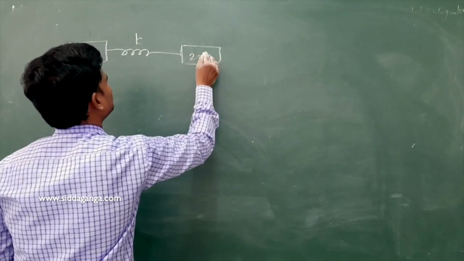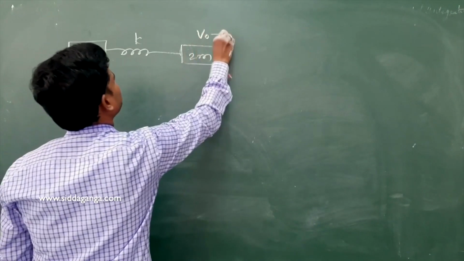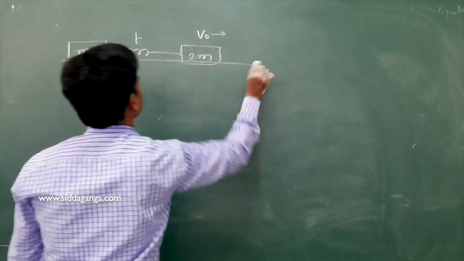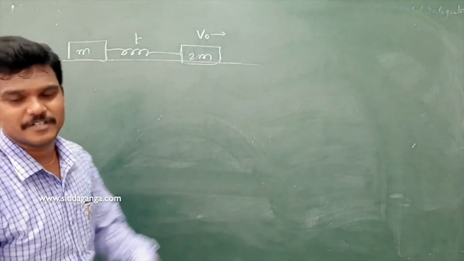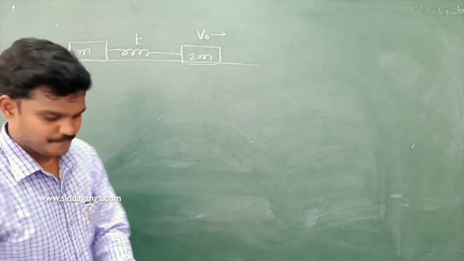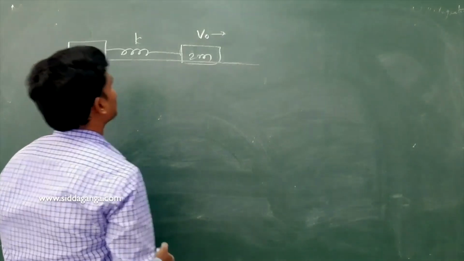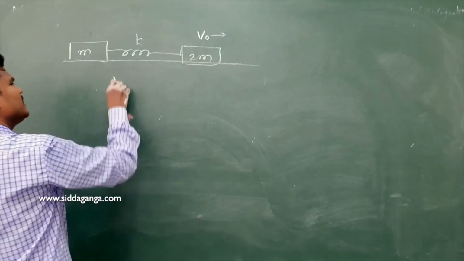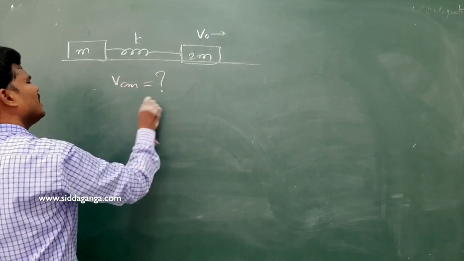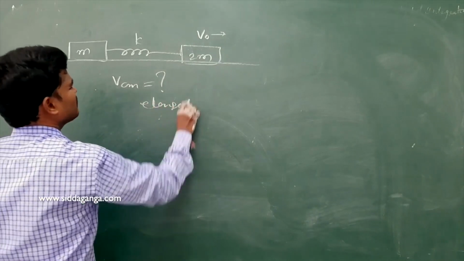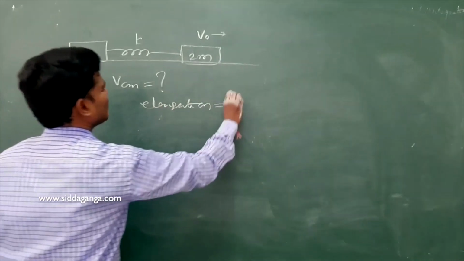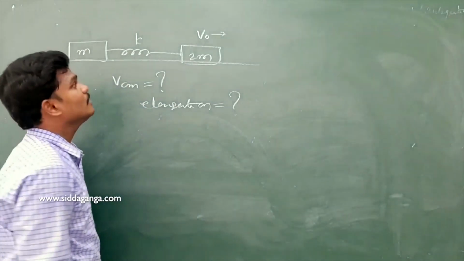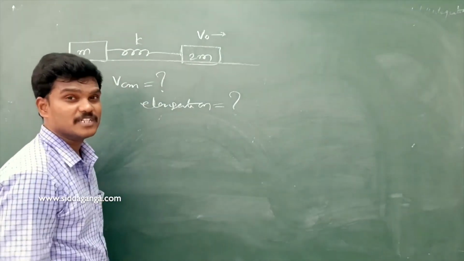This is 2m, which moves with a speed v naught on a smooth surface. Here, what is the velocity of the center of mass? They are asking what is the velocity of the center of mass and how much elongation is developed in the spring.